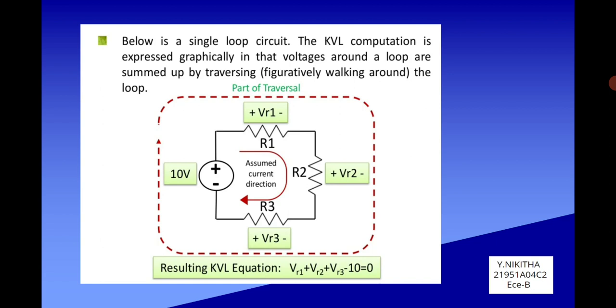The KVL computation is expressed graphically in that voltages around a loop are summed up by traversing the loop. Assumed current direction is through R1, R2, R3. The resulting KVL equation is VR1 plus VR2 plus VR3 equals 10, or VR1 plus VR2 plus VR3 minus 10 equals 0.